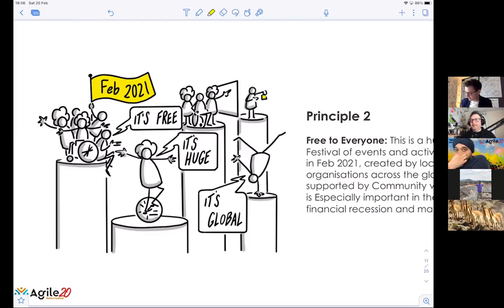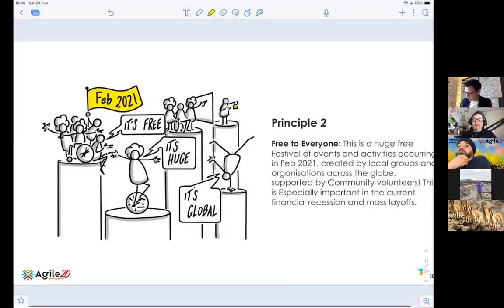Yeah, and the principle's been useful. People have come back and said, "Oh, you're going to get an archive of videos. You can monetize that." And I went, "Well, it doesn't go against the second principle." Or people have come in and said, with our events, could we ask for donations? And those that want to donate can donate, and we're like, no, because it's free.